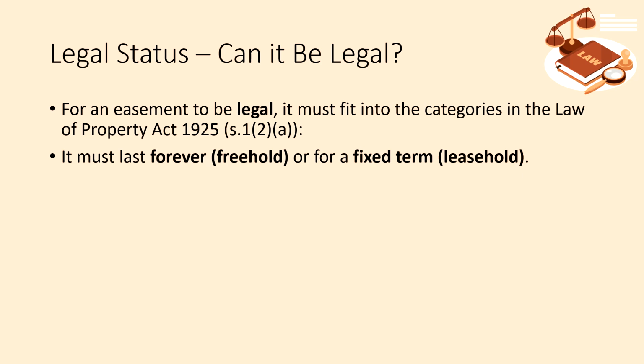Maybe I know that there's a public road being built, but it will take some time. So until this one certain date, you can use the track across my land, but this right will then stop at a fixed point in time.